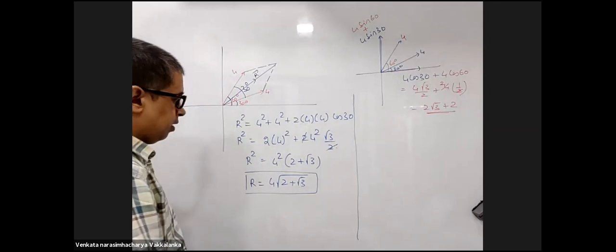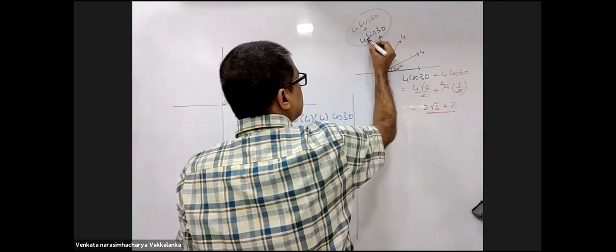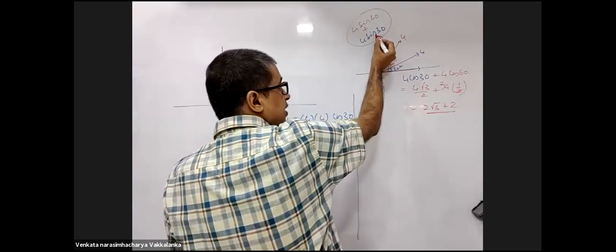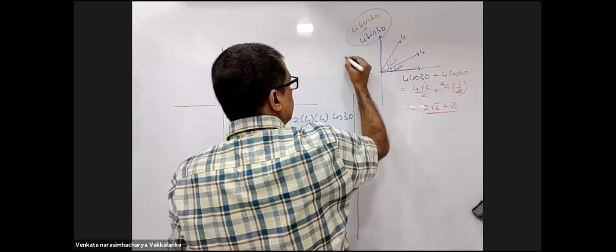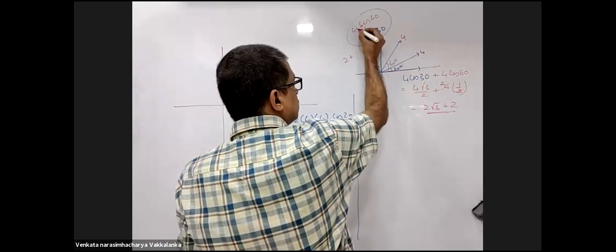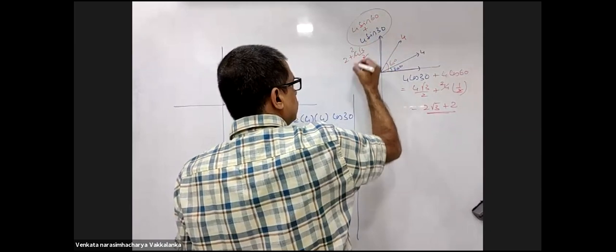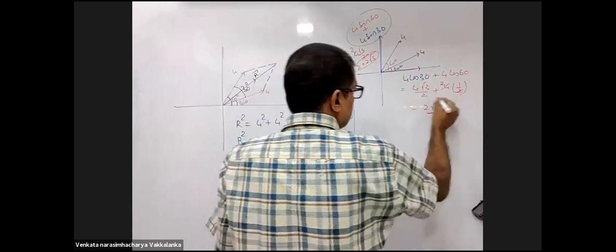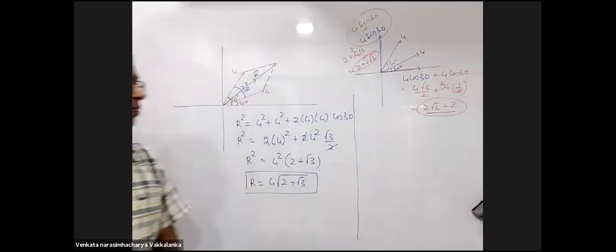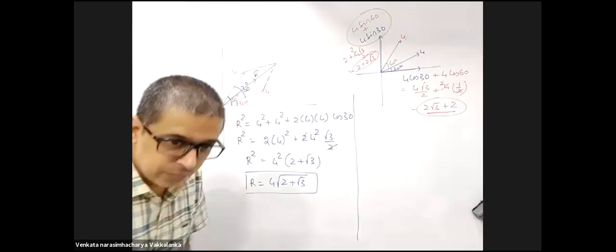Right? Now, what is the y component? 4 sin 30 is 4 into 1 by 2, this is 2. Right? 2 plus 4 sin 60, which is root 3 by 2, will be 2 plus 2 root 3. Yes or no? Yes, sir.